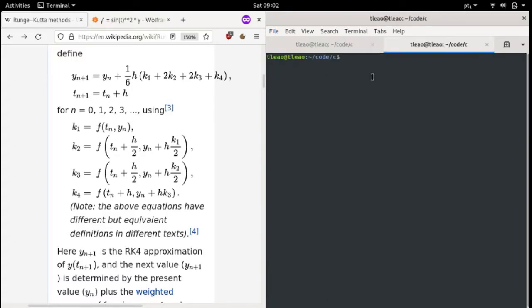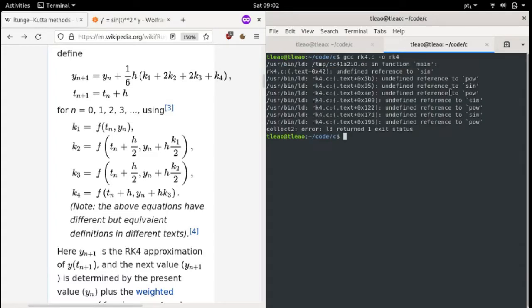So let's write a new tab here, and we're gonna compile it using the GNU C compiler. The input file is rk4.c. The output here, let's call it rk4.